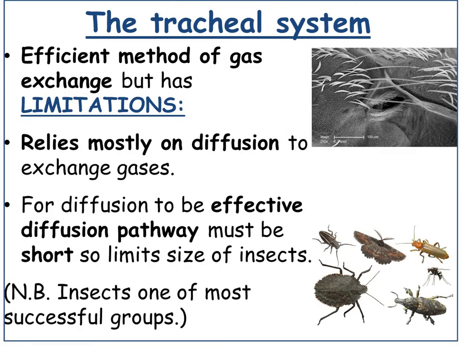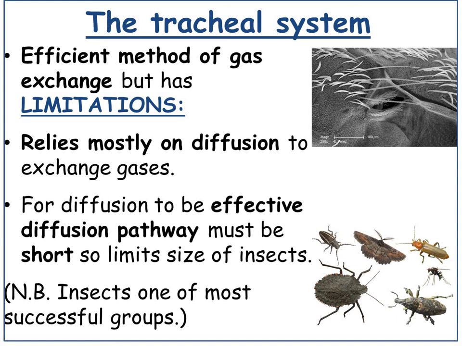Now, although the tracheal system is very efficient, there are some limitations to it. The first is that it relies mostly on diffusion to exchange gases. So if that diffusion gradient isn't there, then they can't do it. Also, for diffusion to be effective, the diffusion pathway must be short, so that limits the size that insects could be.